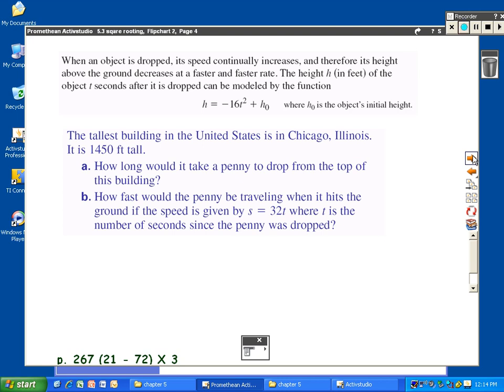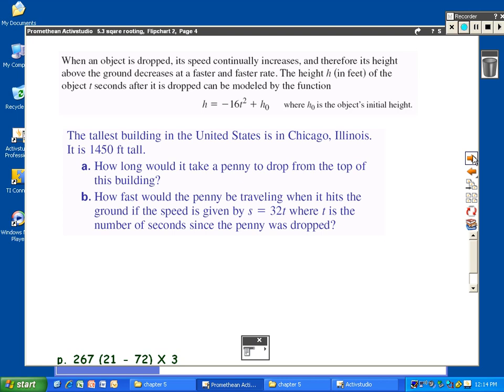All right. When an object drops, the height h will equal negative 16 times time squared plus the initial height. So the tallest building in the United States is in Chicago, and it is 1,450 feet tall. How long will it take a penny to drop from the top of this building?